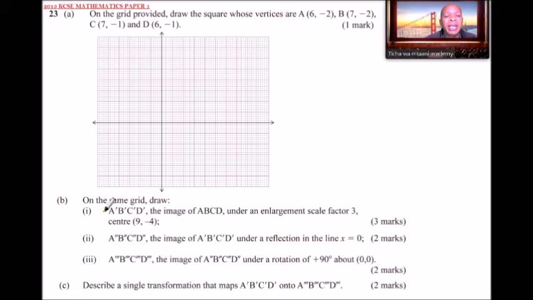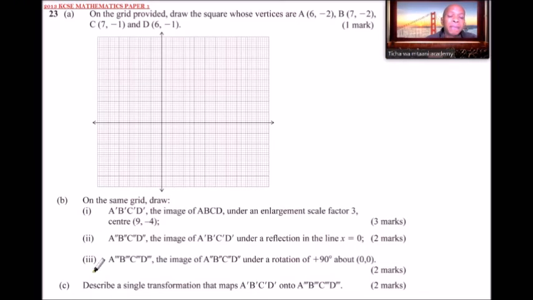B. On the same grid, draw A'B'C'D', the image of ABCD under enlargement scale factor 3. Our center of enlargement is (9, -4). Roman number 2, A''B''C''D'', the image of A'B'C'D' under a reflection in the line x equals 0.